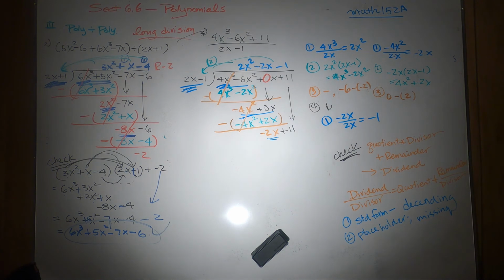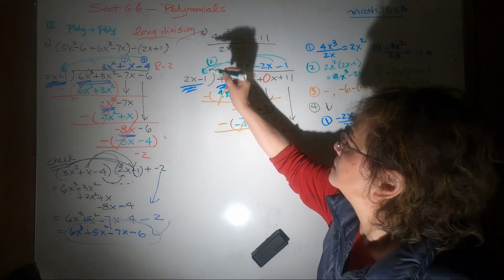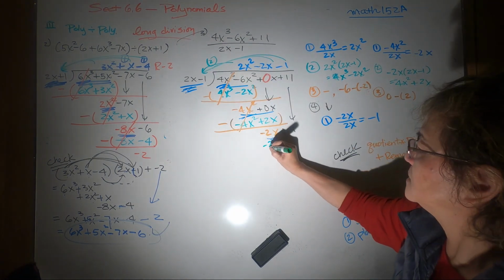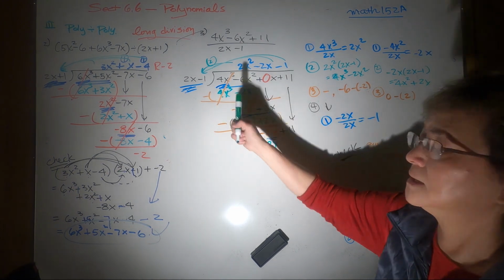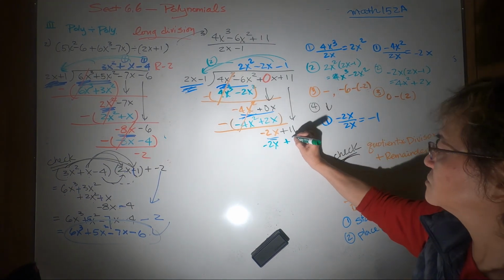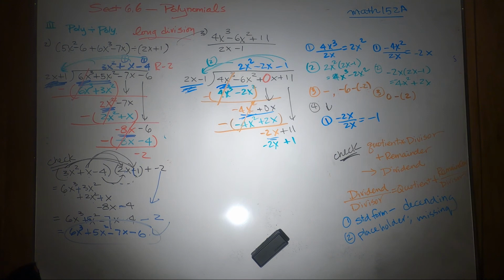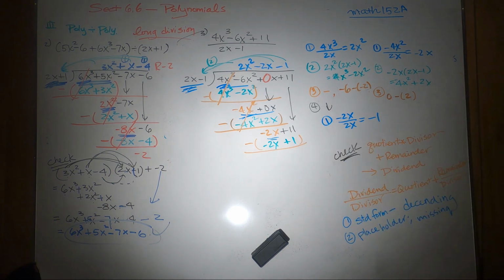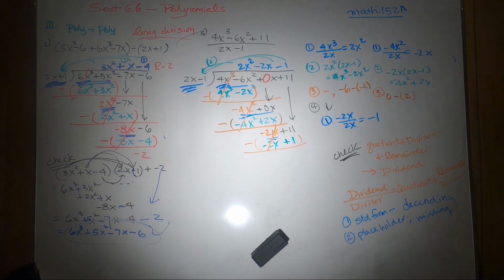Then next step, you multiply back. Negative 1 times 2x minus 1. Negative 2x plus 1. Then next, you subtract them. This one is all positives, so easier. What do you have? 11 minus 1 should be 10.